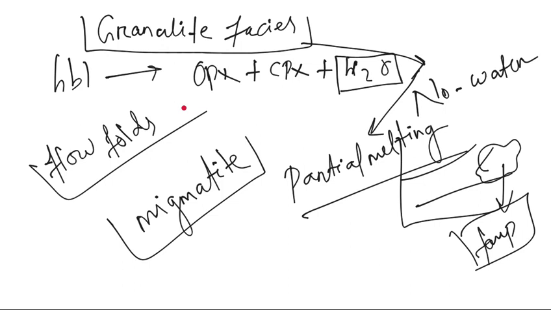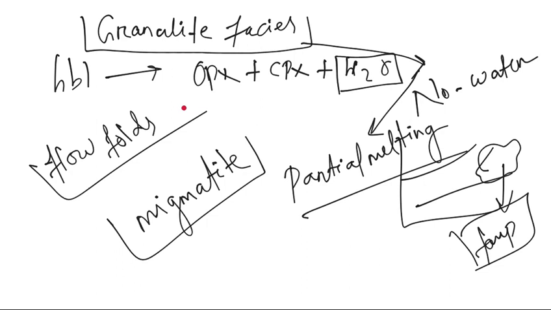In migmatite, the whiter portions are the felsic portions and the darker portions are the basic portions. The felsic portions have low melting temperature, the basic portions have high. So when partial melting occurs, the felsic portion will melt first, but the basic portion will remain solid.